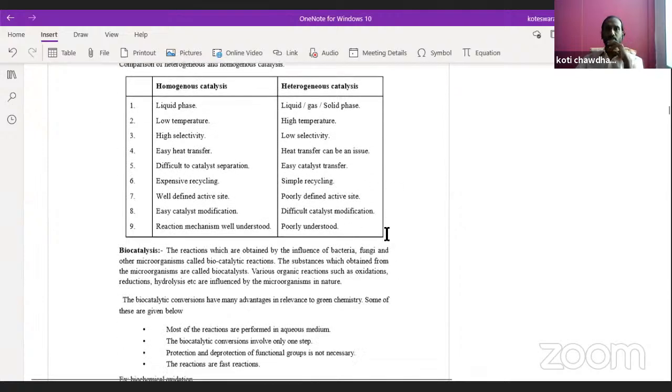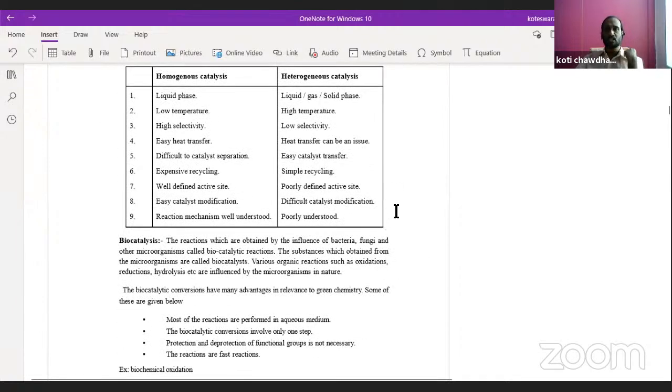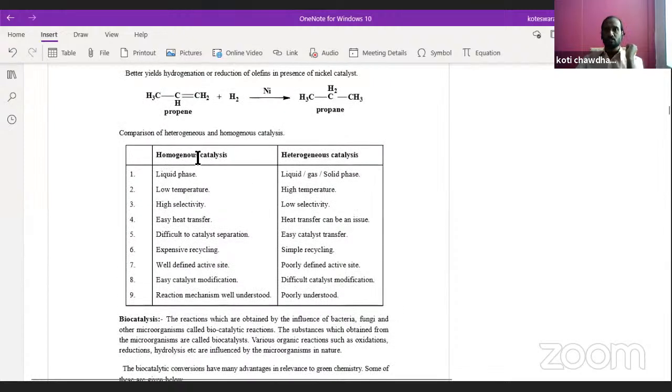We have two types of catalysts: homogeneous catalyst and heterogeneous catalyst. In the homogeneous catalyst, most of the cases, it proceeds through the liquid phase. But heterogeneous catalyst may be liquid-solid or gas-solid, like that, heterogeneous phases. Next, homogeneous catalyst proceeds under low temperature, but heterogeneous catalysis takes place under higher temperature.